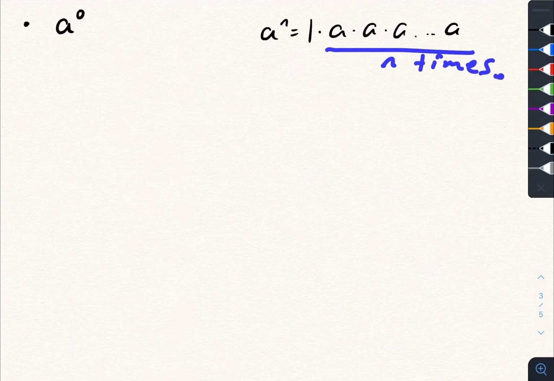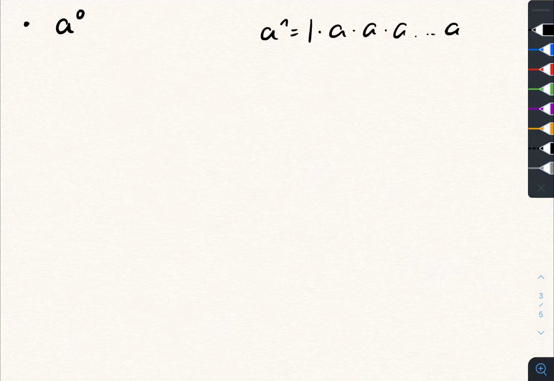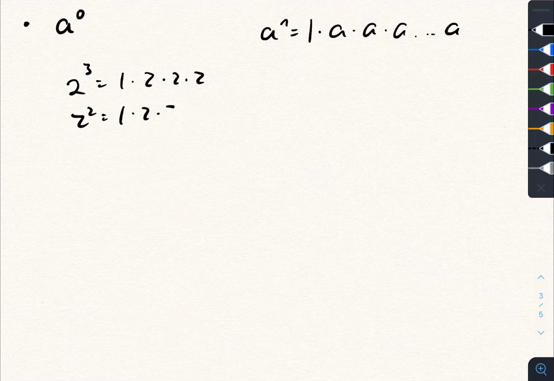And so if a to the n represents 1 being multiplied by a n times, what should a to the 0 represent? So if I write 2 cubed, this is 1 times 2 times 2 times 2. 2 squared is 1 times 2 times 2. 2 to the first is 1 times 2.